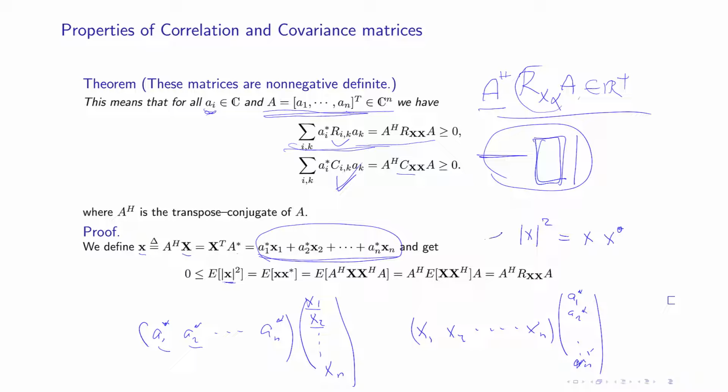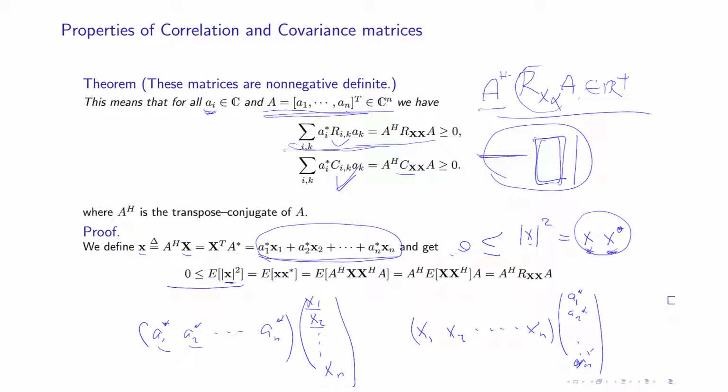So first of all, this is real and non-negative, because whatever phase this has, it has a negative phase of equal amount. So the phase of this number is going to be 0, and you will get a non-negative number. If you apply expected value on both sides, the expected value of something non-negative is non-negative, so this part is obvious.